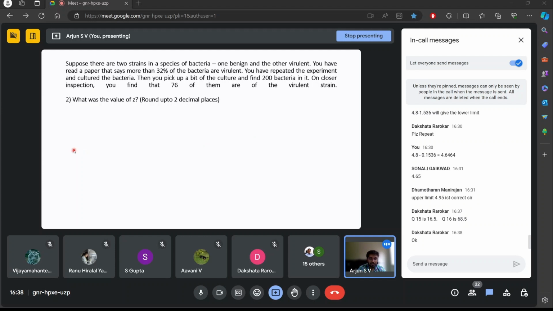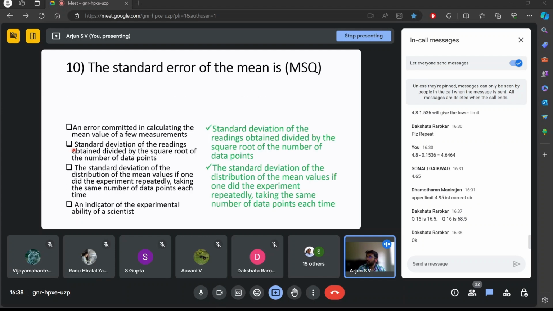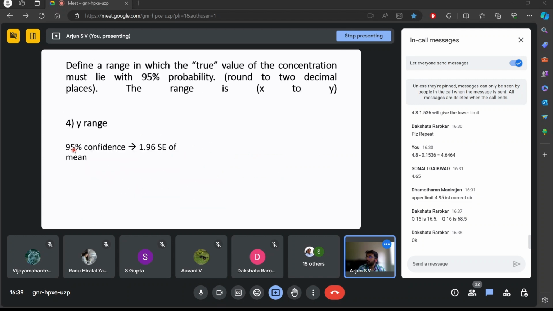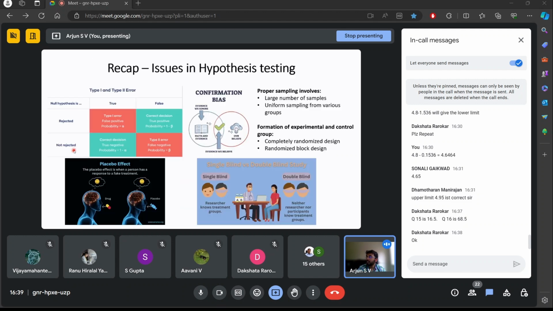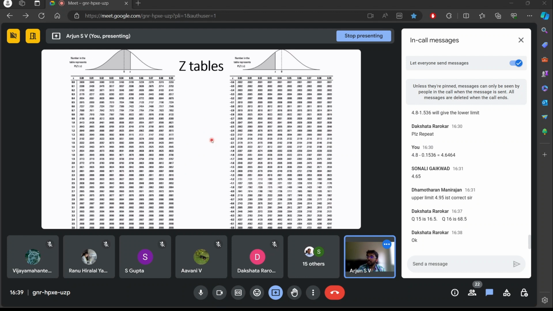I'll go back to the Z table that we posted. Here I have Z tables for Z values greater than the mean and less than the mean. Since 1.82 is greater than 0, we'll find the area of the curve under this.